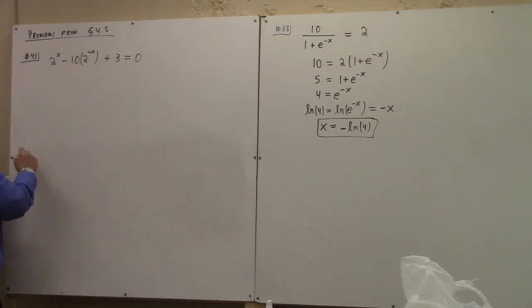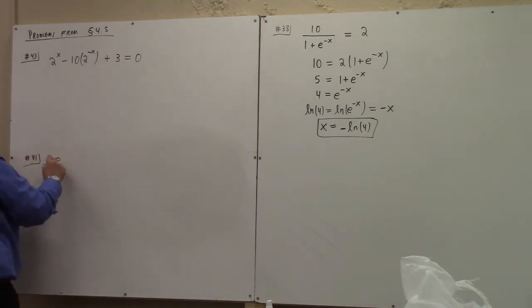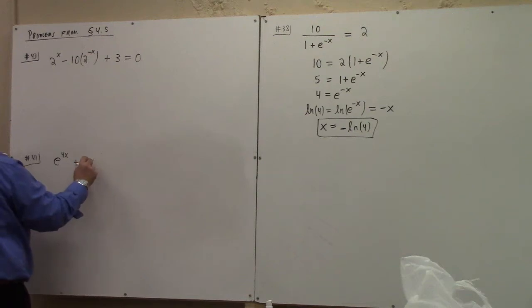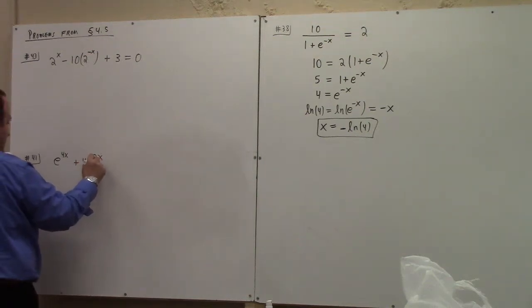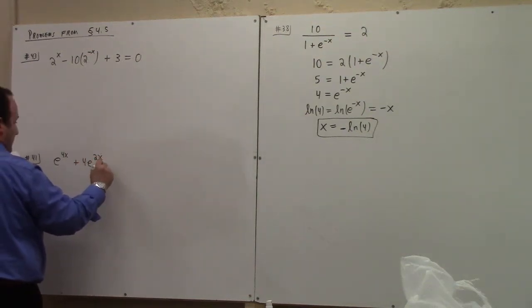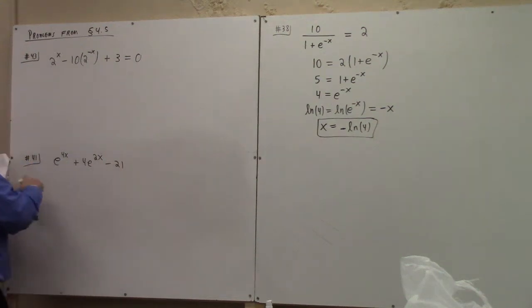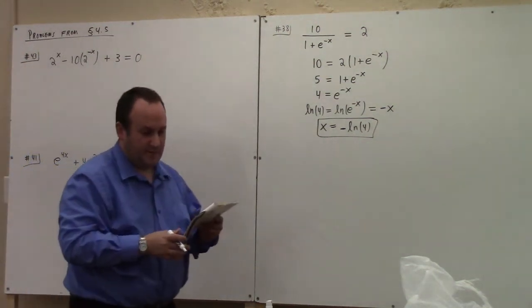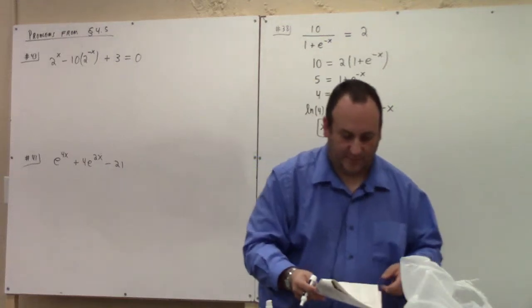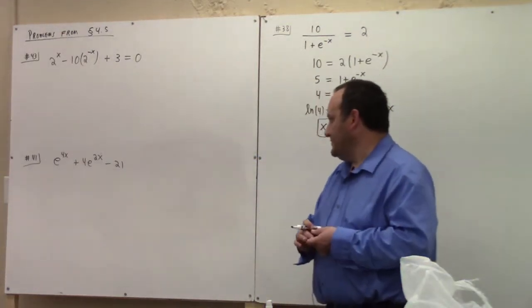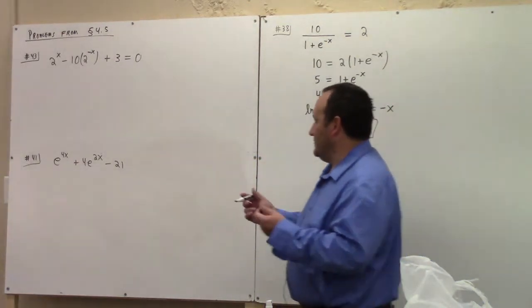We'll do this one, then I'll follow it up with number 41, actually, which is e to the 4x plus 4 e to the 2x minus 21. In fact, maybe we should do number 41 first. It might even be more natural to do that. Let's do 41 first. That is equal to 0.